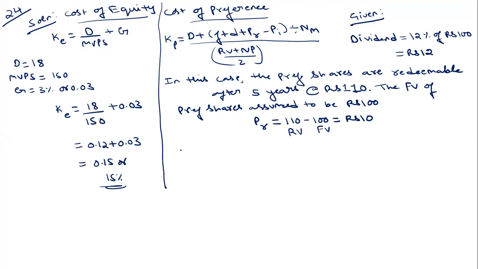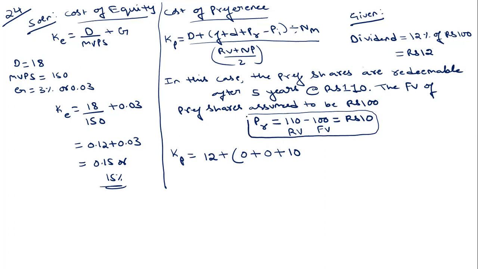Now we can apply the formula. KP is equal to dividend 12, plus flotation cost illa 0, discount illa 0, PR ide, that is 10. 110 minus 100, barey 10.